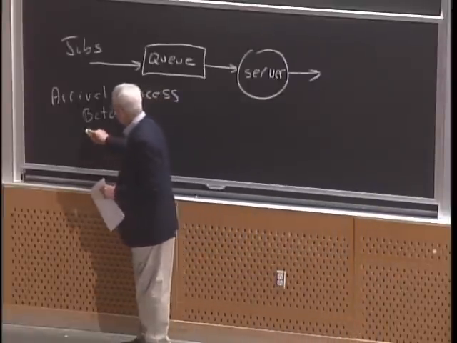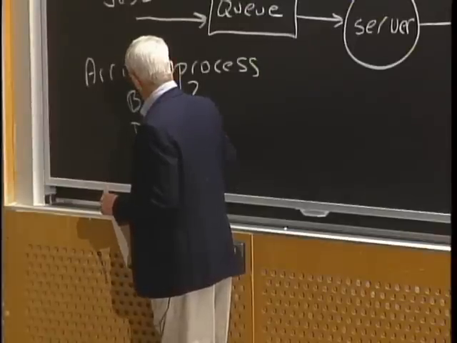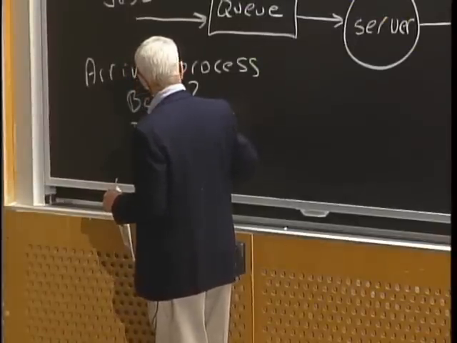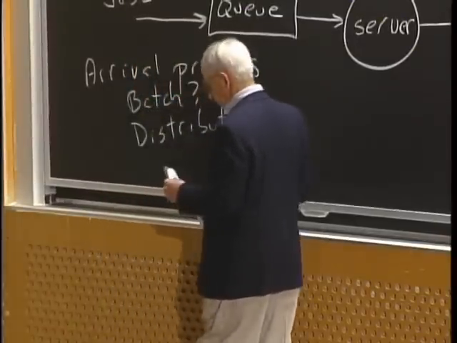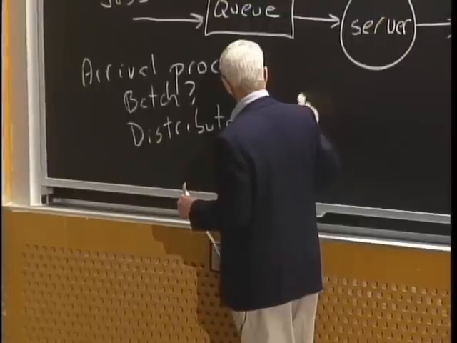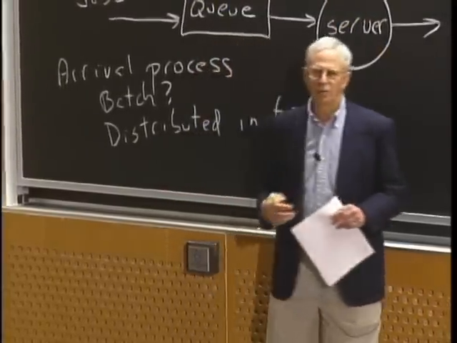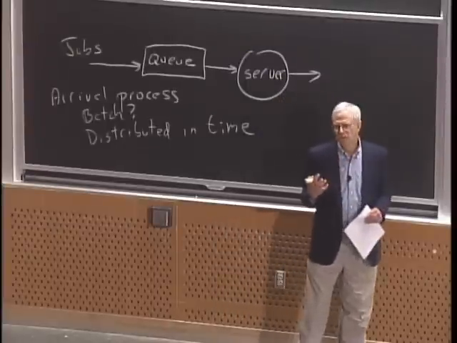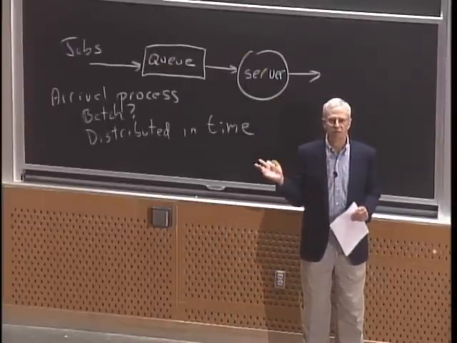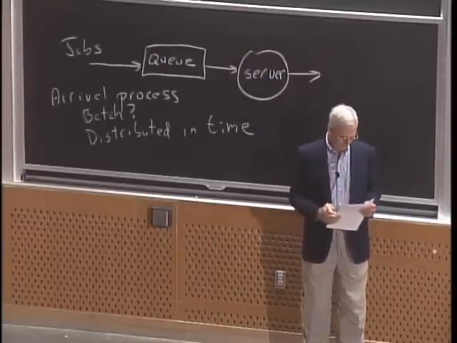We have to ask, related to that, how arrivals are distributed in time. Assume for the moment that arrivals are one at a time, for example, automobiles entering a highway.